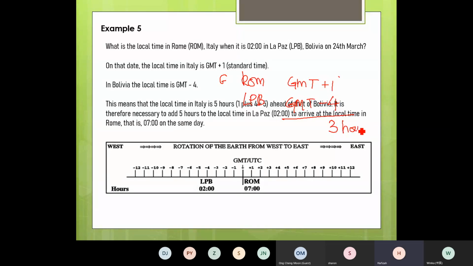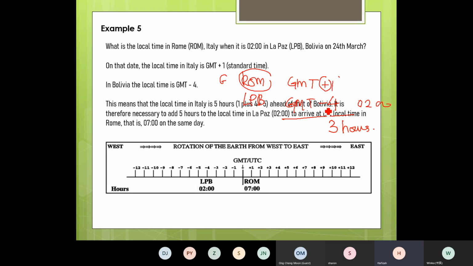It's a difference of 3 hours. But now what do they actually want? They want to see the time. They ask, what is the time in Rome? We know the time in La Paz is 0200.